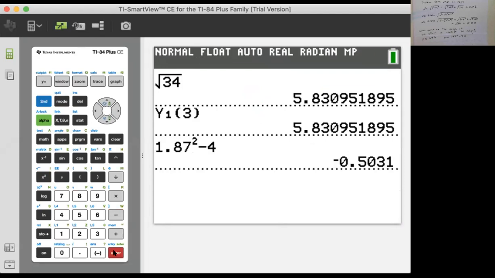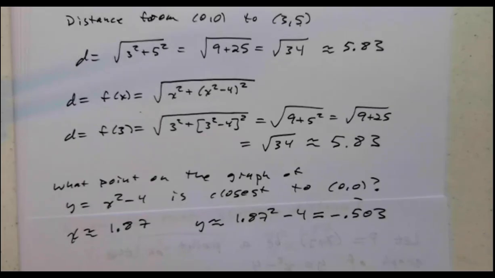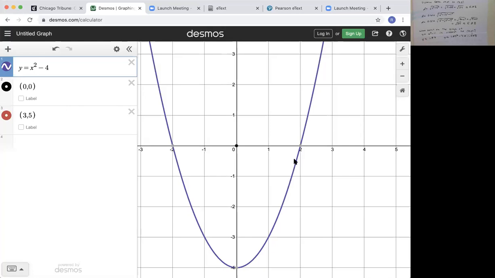Gives me a y value of about negative 0.503. So we can see that on Desmos. 1.87, negative 0.503.